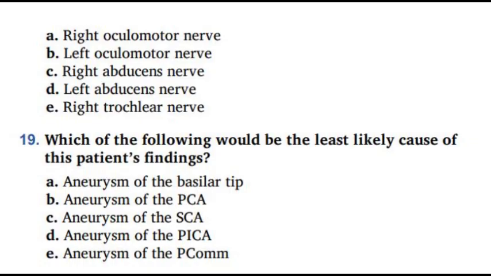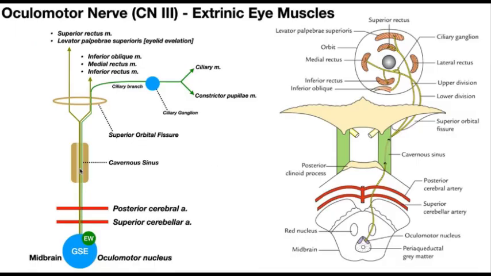Let us discuss the anatomy of the oculomotor nerve. The oculomotor nerve exits the brain stem at the level of the midbrain, in particular from the superior colliculus. It enters the subarachnoid space and passes in between the posterior cerebral artery and the superior cerebellar artery at the level of the basilar tip.